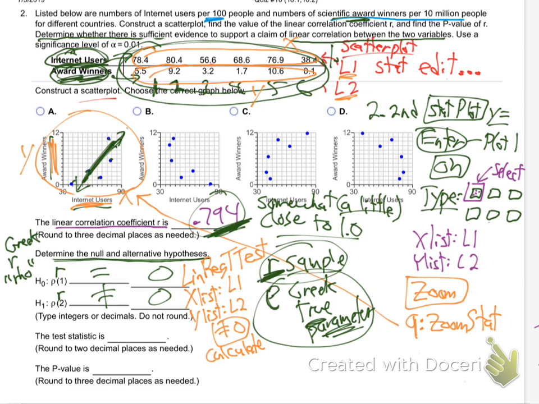And the test statistic should come out to be, I got 2.61, and the p-value 0.059. All right. And so what's our significance level? There it is. Significance level 0.01. So this is greater than 0.01, not less than 0.01.